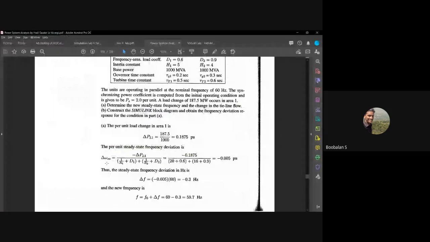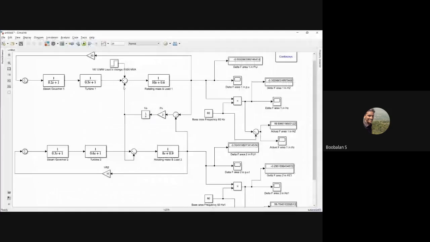So you could see the steady state frequency deviation calculation, right? That is called del PL1, which we just calculated in per unit. So power changes divided by base MVA, divided by 1 by R1 plus D1, for the second area system. நீங்க calculate பண்ணீங்கன்னா that steady state frequency is now minus 0.005. You could similarly verify பண்ணி பாருங்க.